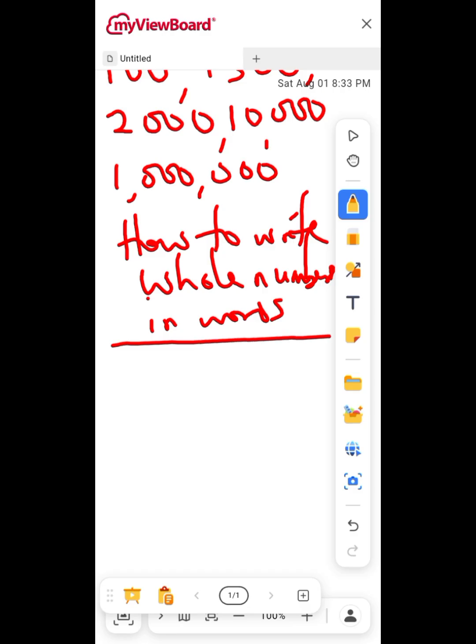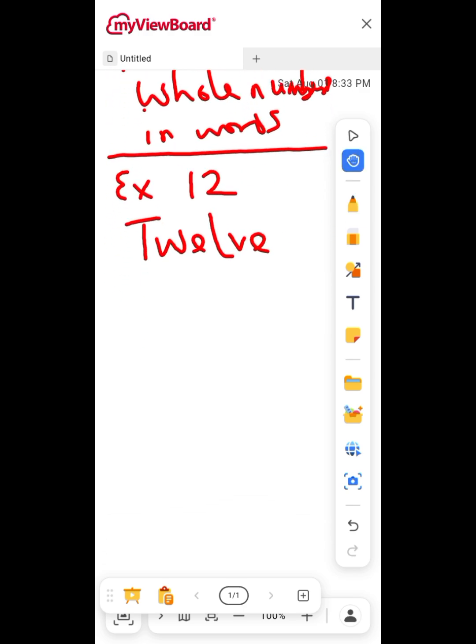We are quite familiar with this from our primary school. If you have something like 1, 2, and we are asked to write it in words, how do you write it? 1, 2 is 12, isn't it? You have just succeeded in writing that in words.